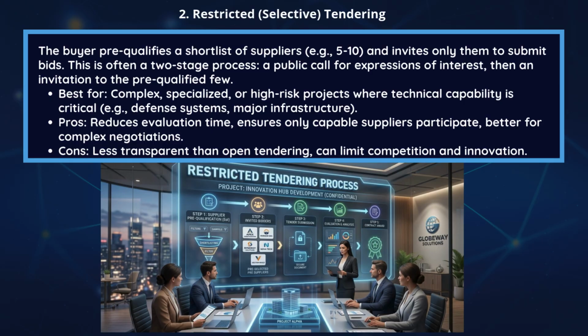We use restricted or selective tendering commonly when there are limited suppliers in the market, a maximum of up to 10 suppliers. When there are limited suppliers in the market, we are required to follow restricted or selective tendering.